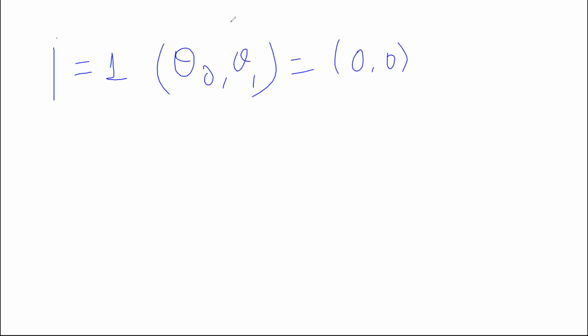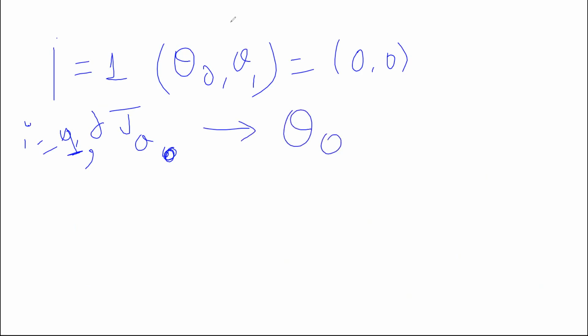Now you find the derivative of J with respect to theta naught at i equal to 1, then update theta naught. At i equal to 1 only, you have to update theta 1 also.